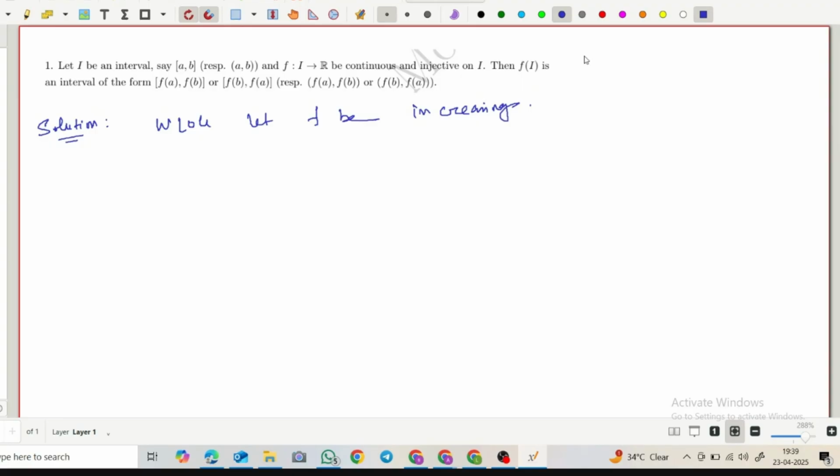Now let a < b. So if f is increasing, we have that f of a is strictly less than f of b. That much we have. Now take c belongs to (f(a), f(b)).